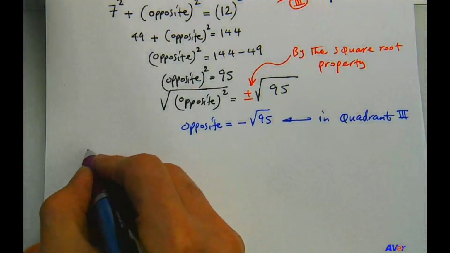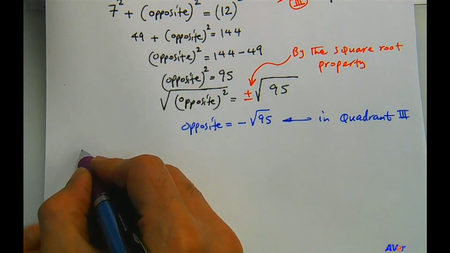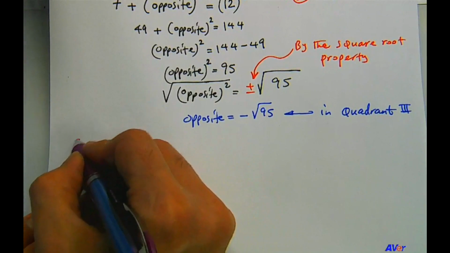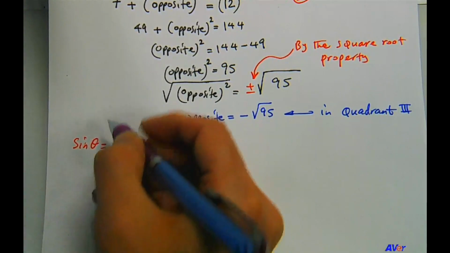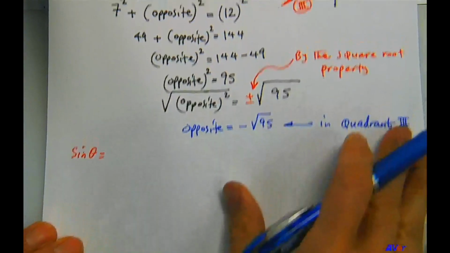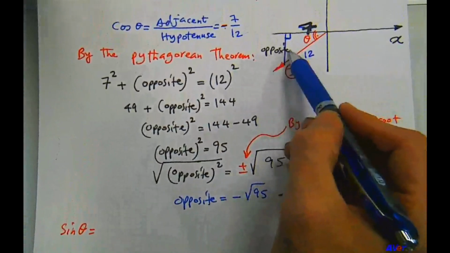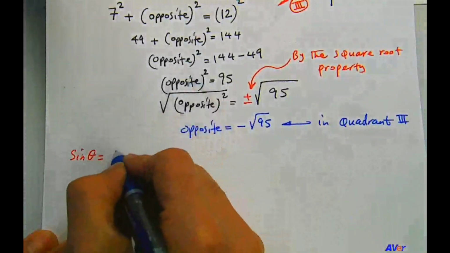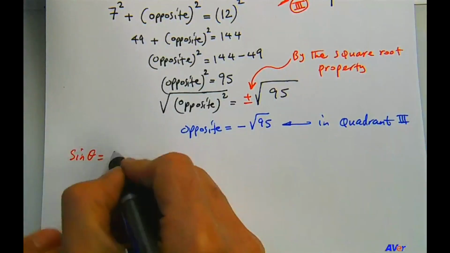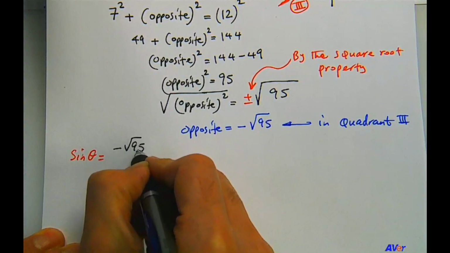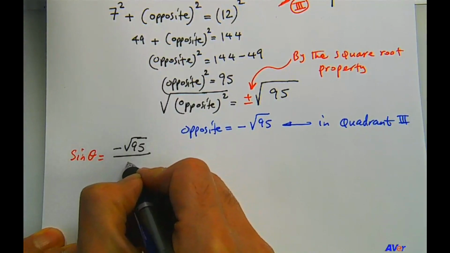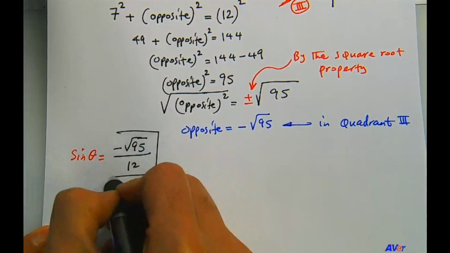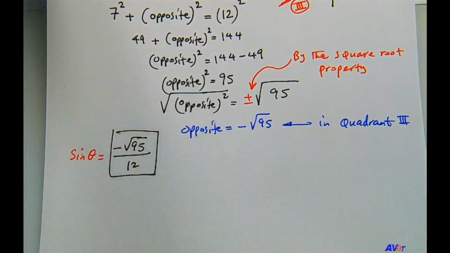So we have sine of theta. We need to figure that out, right? Sine of theta is equal to the opposite divided by the hypotenuse. So that would be minus square root of 95 divided by 12. So that's the sine value. The tangent is next.